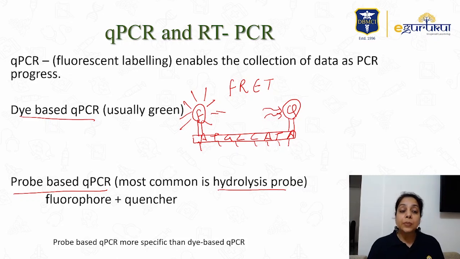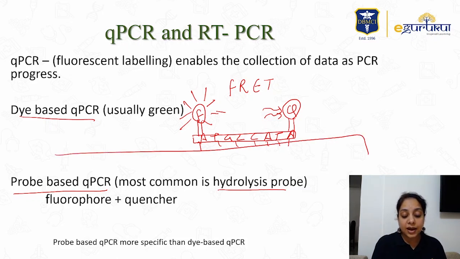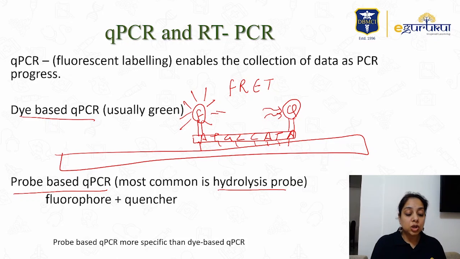So what this RT-PCR does is, when the DNA polymerase is in the elongation phase, there is this probe which is attached to this DNA template strand. So you have here your DNA polymerase. It is going on and going and going. Boom! It strikes the DNA.